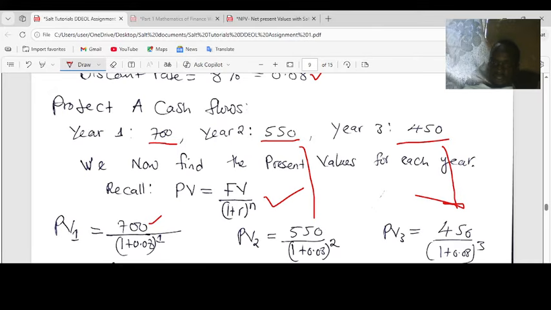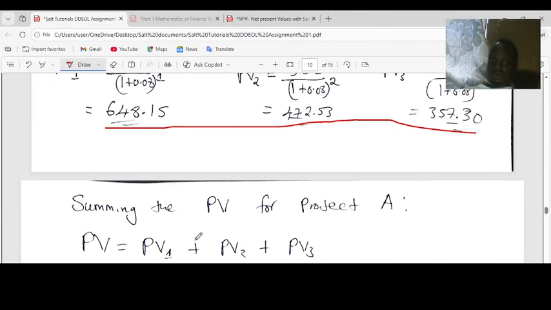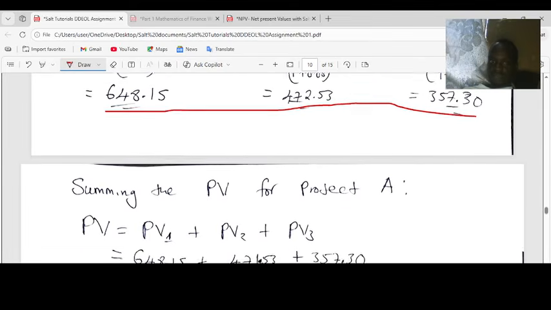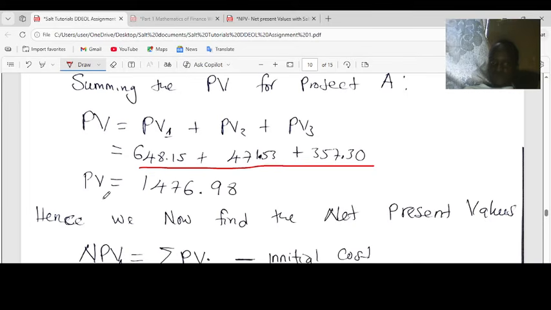What is the next thing to do? The next thing to do is summing all the present values. So we sum them up now. PV1 plus PV2 plus PV3, we sum it up. We are going to have the total present values. Recall the formula: the NPV should be equal to the sum of all the present values for the cash inflows minus the initial cost.